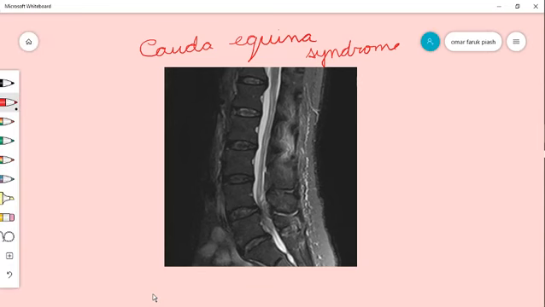Now, Cauda Equina syndrome. What happens in Cauda Equina syndrome? There is compression of the spinal roots L2 and below.